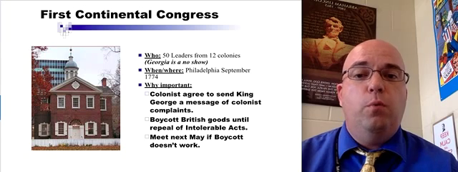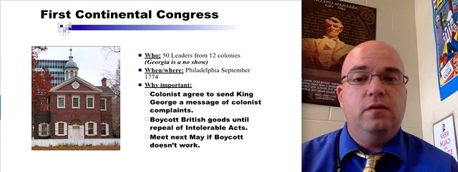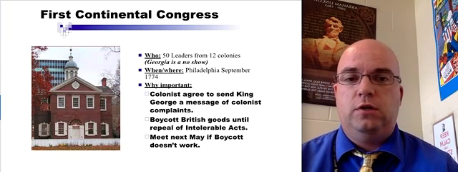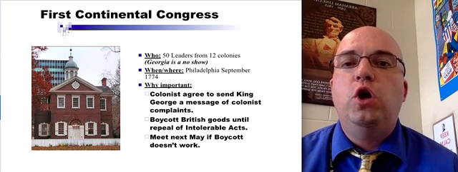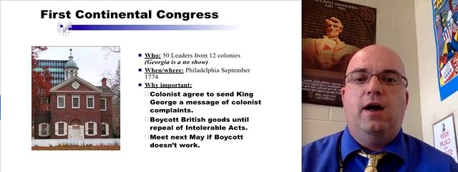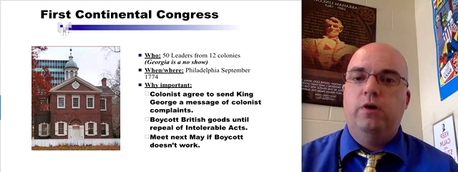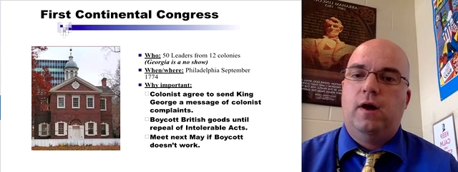They also agree to boycott British goods until the repeal of the Intolerable Acts. Remember, to boycott means to refuse to buy or purchase. This worked so well with the earlier laws, like the Stamp Act and the Townshend Acts, that they were getting pretty good at boycotting and organizing, so they thought they'd try it again.